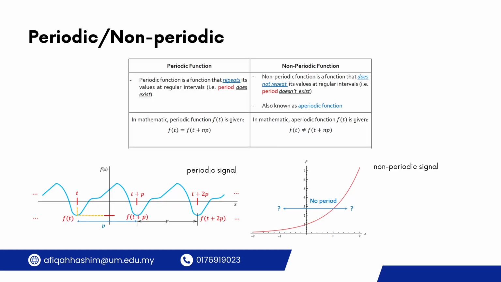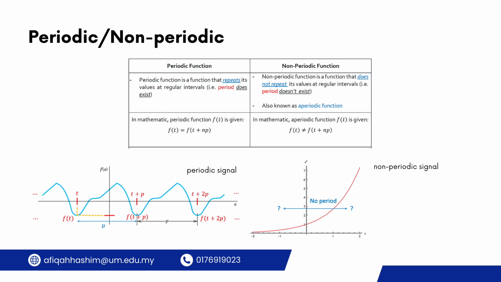For the periodic function, imagine a simple function that represents the height of a bouncing ball over time. If the ball bounces up and down in a regular pattern, its height at any given moment will repeat after a certain amount of time.